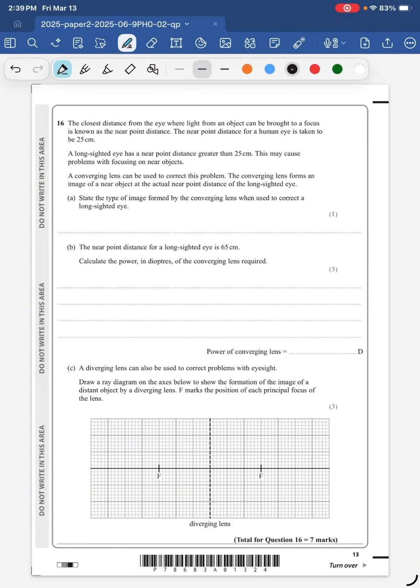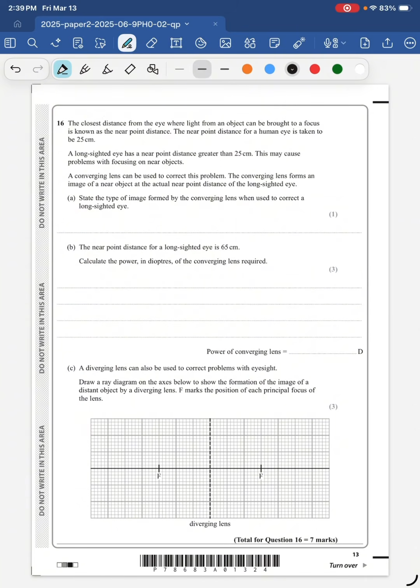Okay, question 16. The closest distance from the eye where light from an object can be brought to a focus is known as the near point distance. The near point distance for a human eye is taken to be 25 centimeters. A long-sighted eye has a near point distance greater than 25 centimeters.